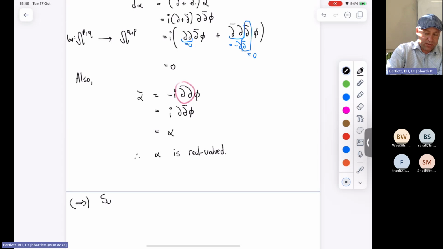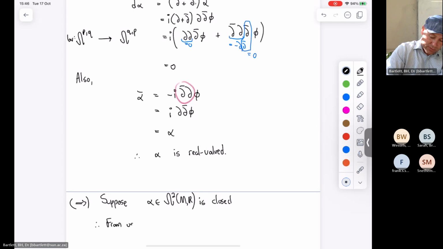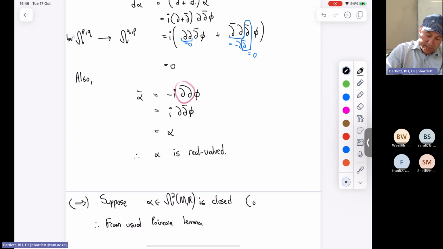So suppose you start off with a 2-form. Just to emphasize, I've got a real valued 2-form, a good old-fashioned 2-form on my underlying smooth real manifold M. So therefore, from the usual Poincaré lemma, closed meaning that when I apply the ordinary exterior derivative to alpha, I get 0, right?